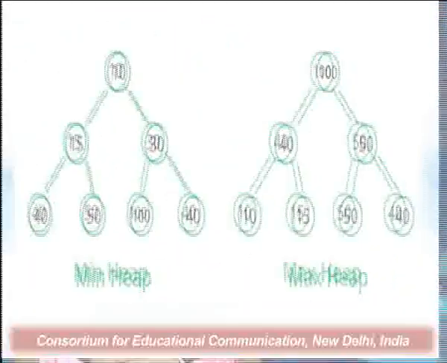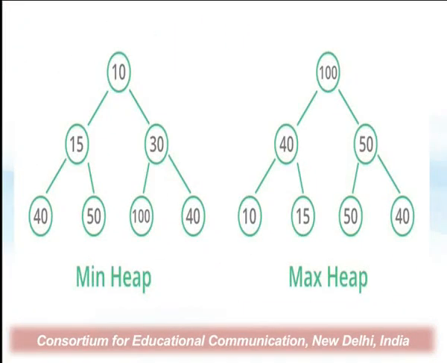Now consider the figures given on the screen. One is a min heap, another is a max heap. In the min heap we have 10 as the root node, then 15 and 30. The tree at the root node 10, 15 and 30 satisfies the min heap property because the root is minimum.